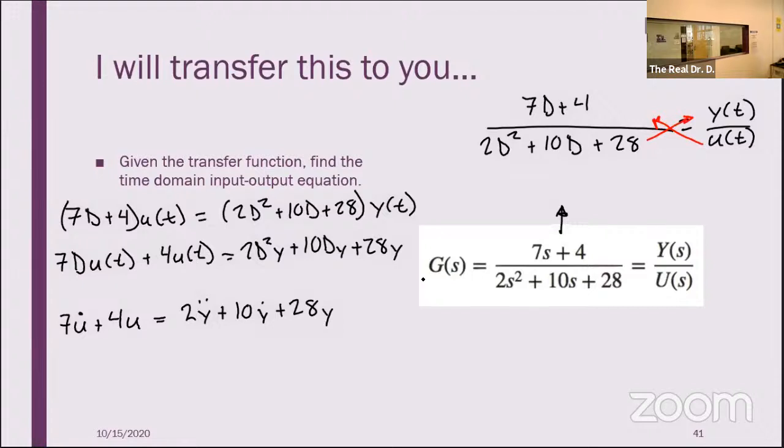This time, we start with the transfer function, we cross multiply, we distribute our y's and our u's, then we invert the process of using the D operator, so we can go back to having a differential equation. We should be able to go seamlessly back and forth from transfer function to ODE. That's the goal.